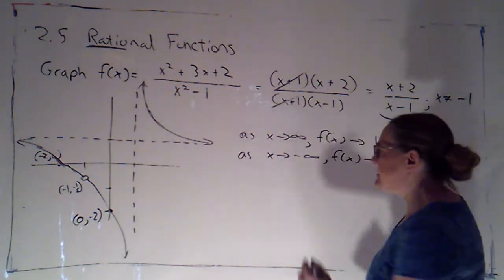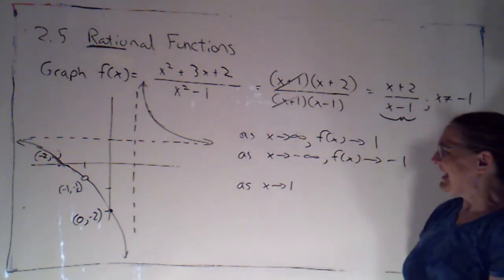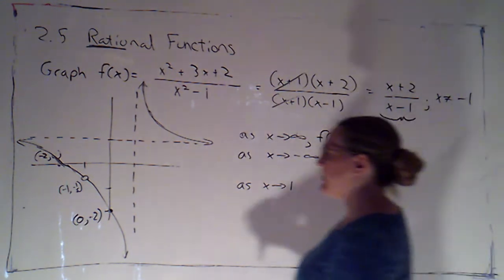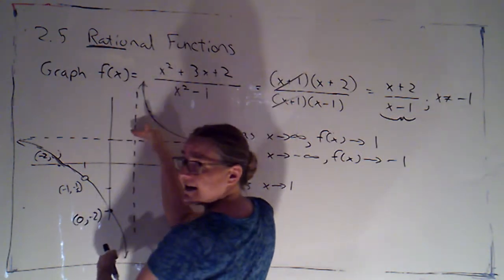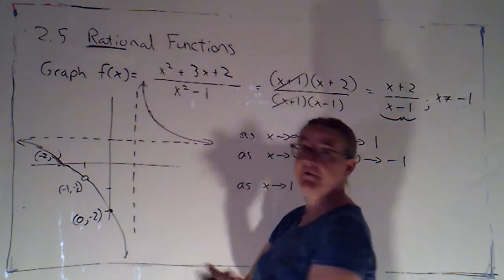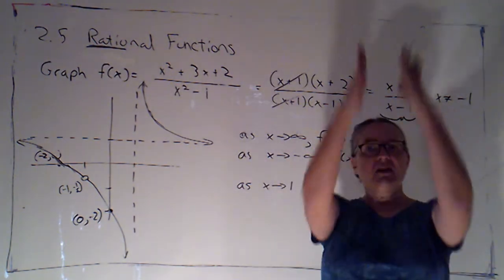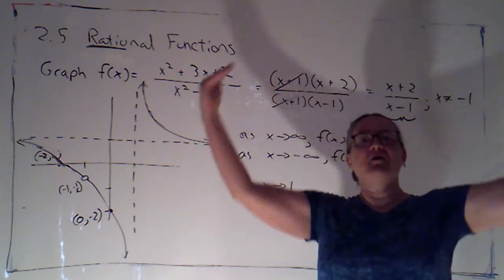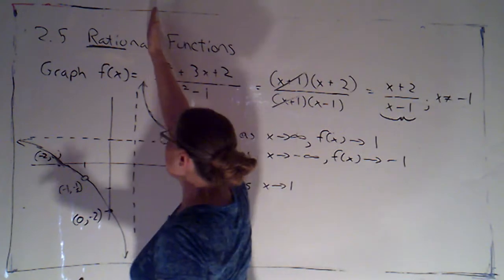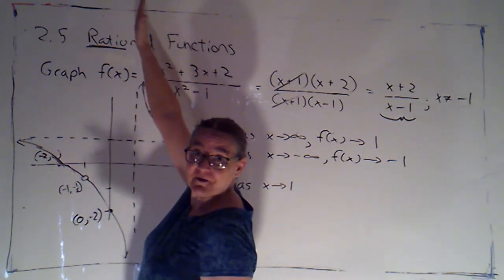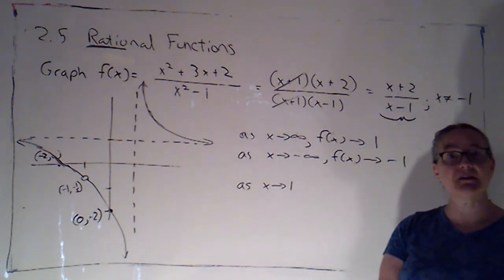But the problem is, if I just write as x goes to 1, it's not clear whether I'm talking about getting close to 1 from the left side or from the right side. And I get very different behavior in the y values. Sometimes when you have a vertical asymptote, you go to infinity on both sides, or you go to -infinity on both sides. Here, my y values are going to +infinity as I come in from the right, but my y values are going to -infinity as I come in from the left.